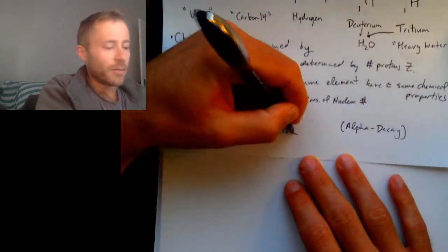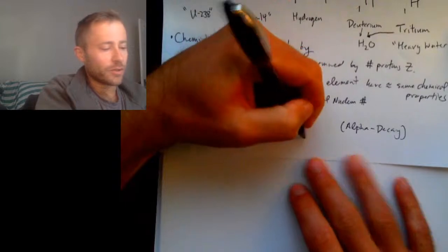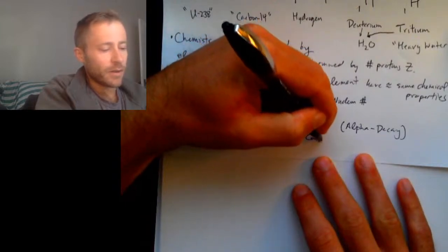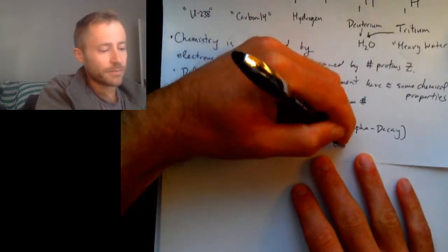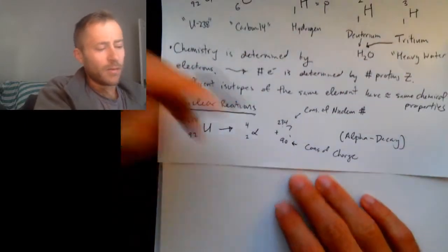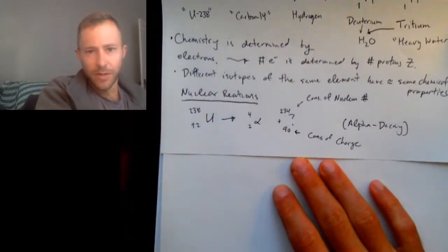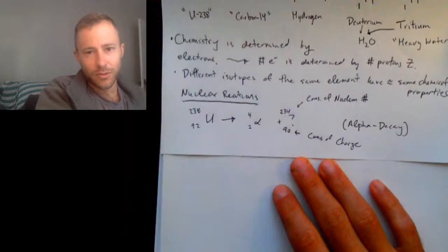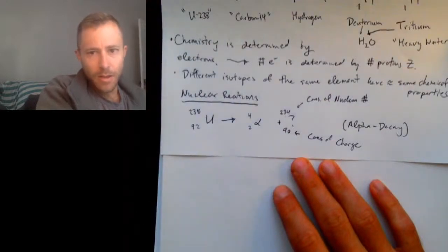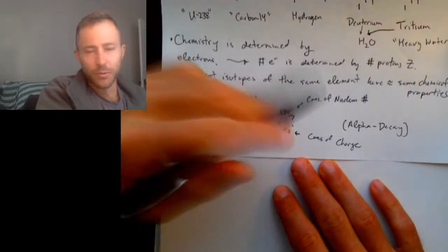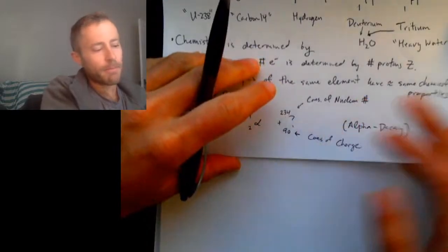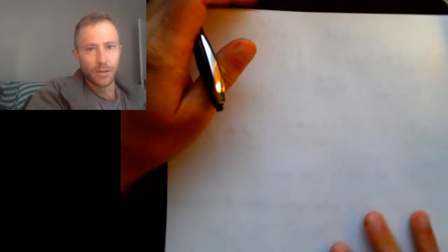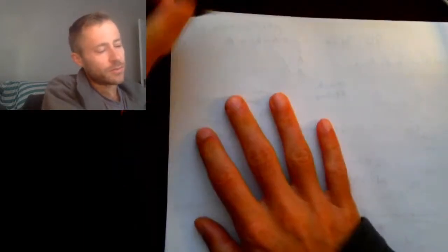And this bottom row represents conservation of charge. And I don't even care what the identity of that is, okay? It's some element. I'll just call it question mark. So that is called alpha decay, when you spit off an alpha. All right? But you could have other types of decay processes.